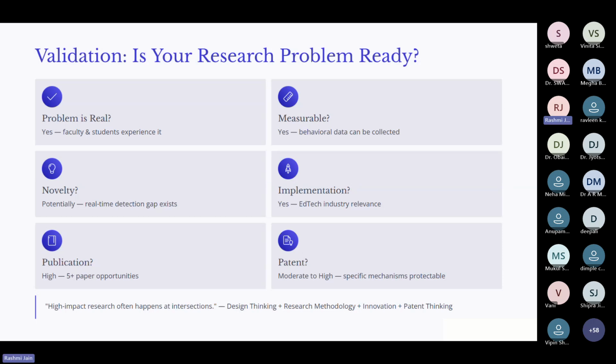Patent, moderate to high, specific mechanisms are protectable. So if you combine design thinking, research methodology and innovation and patent thinking, I think you are moving in the high impact research direction.